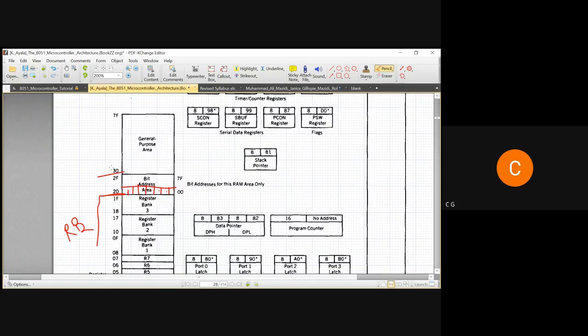You can manipulate the bit here, put 1, 0, whatever. This is called bit addressing. An individual bit in this memory location can be controlled by a command.